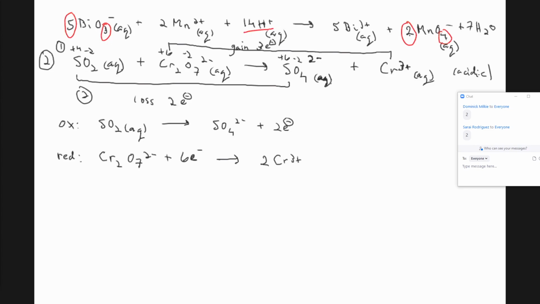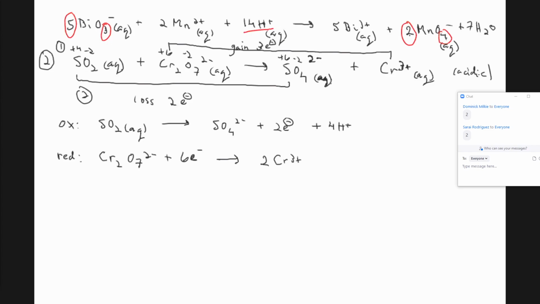So what I'm going to do is I'm going to balance each one out. So my oxidation, I'm looking at charges, and I can only add, so this side has -4 charges. Remember, the electrons count as charges. On the right side, there are no charges, so I have to add 4 hydrogens.